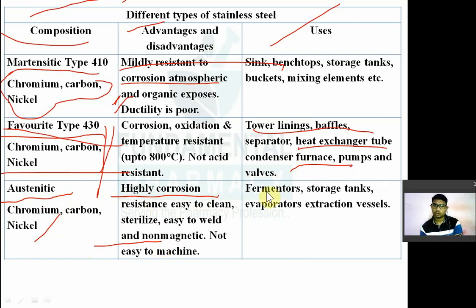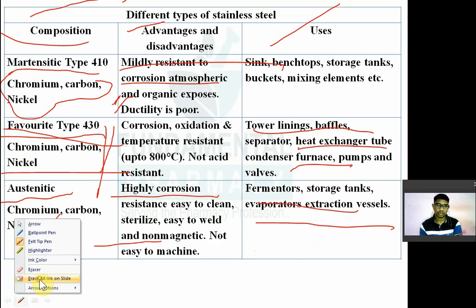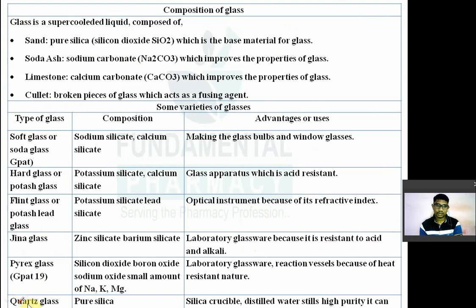Mostly it is used for making fermenters, storage tanks, evaporators, extraction vessels. They are made of austenitic, martensitic and ferritic steel. You can check the pronunciation, but remember these steels a little, as a question sometimes comes on this.